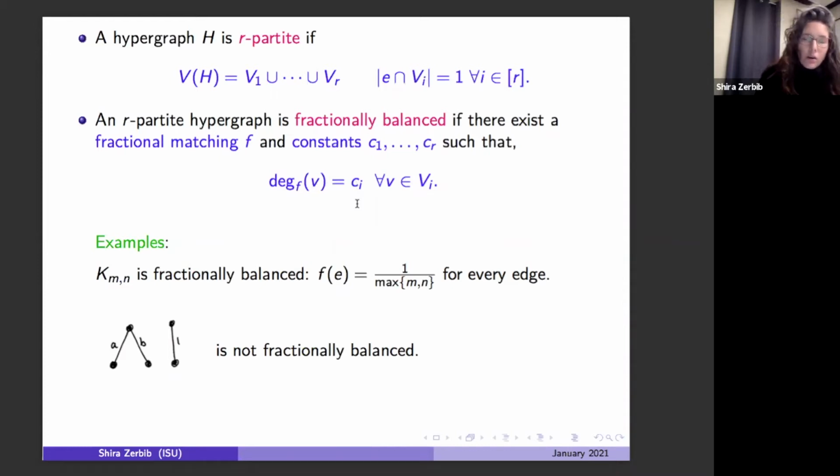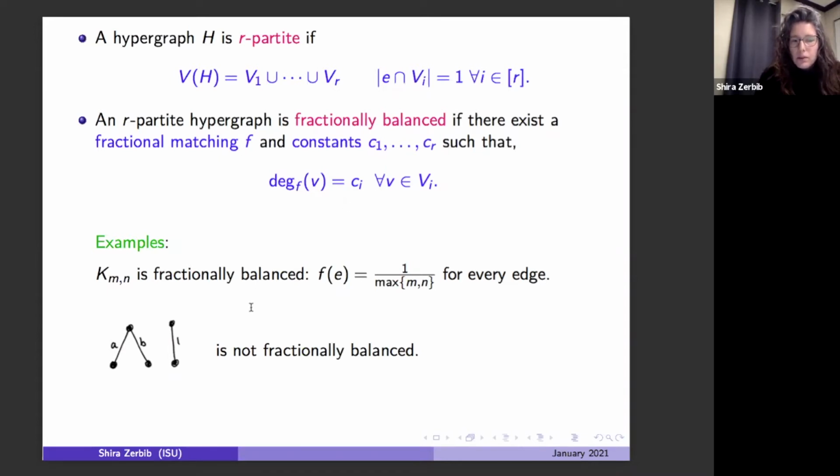So on every side, the degrees are constant. In V1, all the degrees are C1. In V2, all the degrees are C2, and so on.